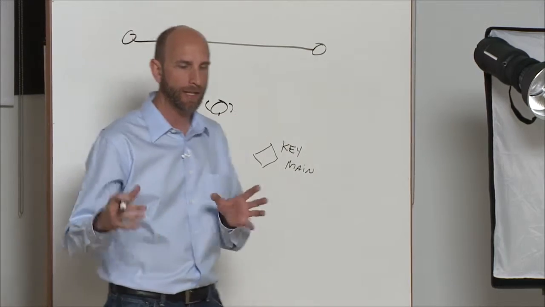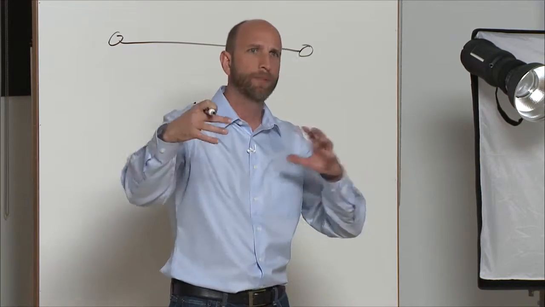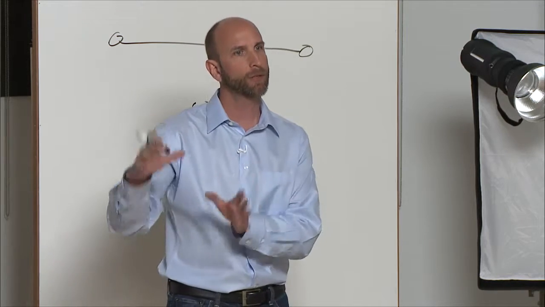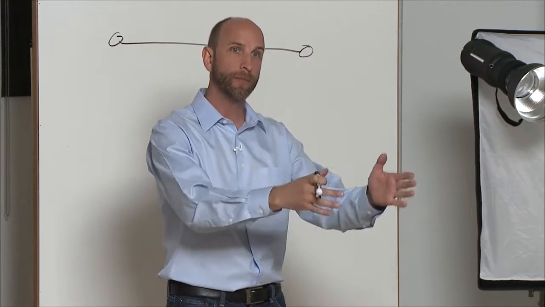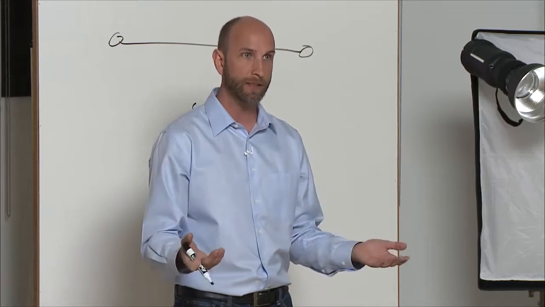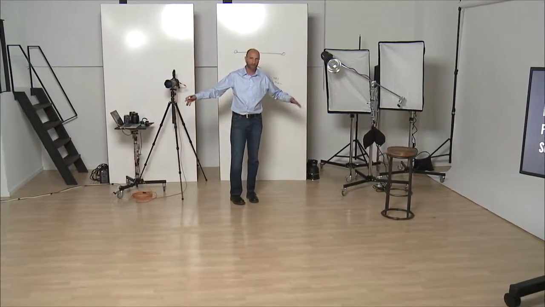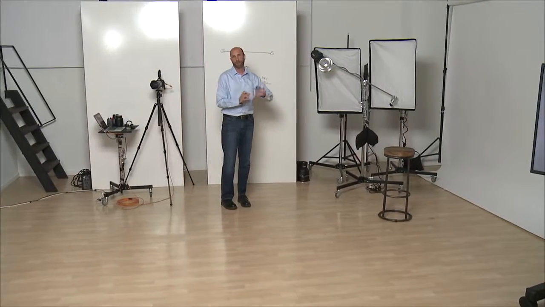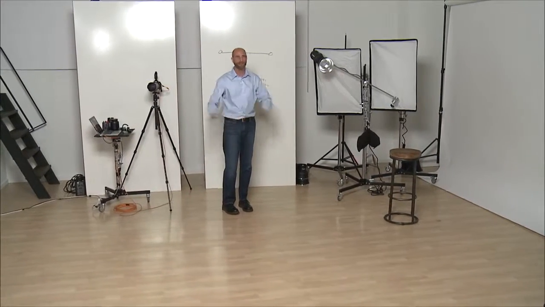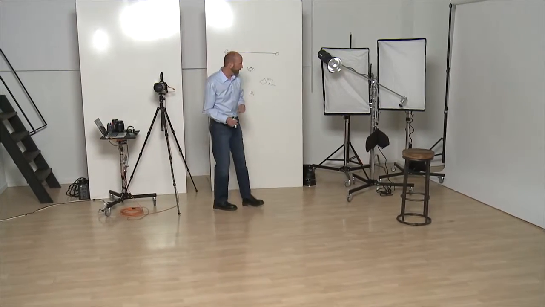Because a lot of times when you add a bunch of lights, it's difficult to figure out what's happening in that situation. But if you just start with one and then build and then build and then build, it's much easier to do that. Now, this afternoon, we're going to be doing a crazy setup with a bunch of lights, and I'm going to sort of throw that out of the window for time's sake. We're just going to set it all up, but it's a setup I've done a lot.